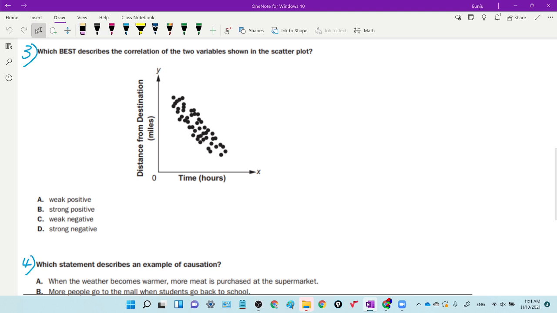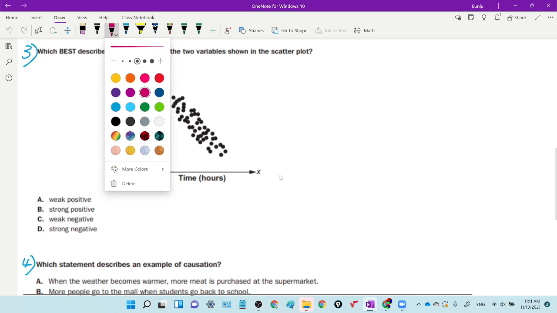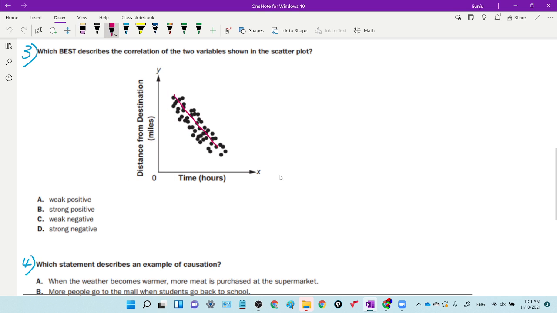So do we say positive or negative? Positive, negative correlation. Slope of the line is going down, right? If I put a line in the middle of the points like that, this slope is a negative slope, so I go with the negative. How about weak or strong? Would you like to choose weak or would you like to choose strong?